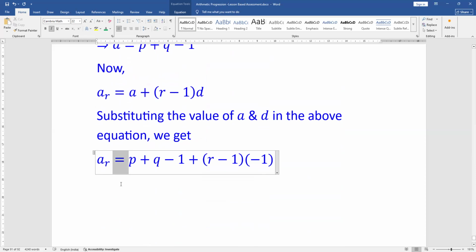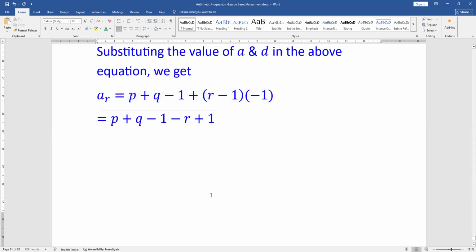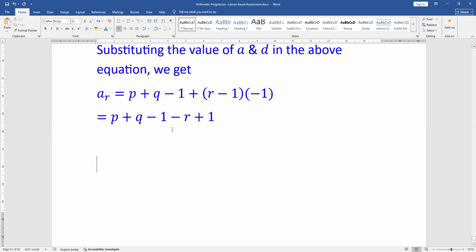Then in my next step, write p plus q minus 1. And then here minus 1 into r is minus r, right? And minus 1 into minus 1 is plus 1. So now you find that minus 1 and plus 1 get cancelled, right?